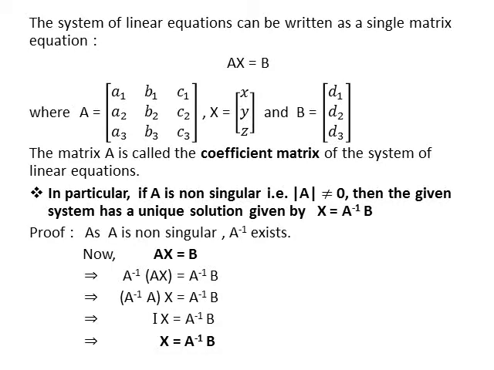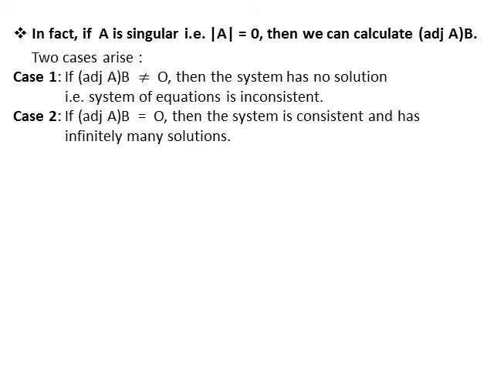While solving the questions of system of linear equations having unique solution, we write AX equals to B directly as X equals to A inverse B. Next, if A is singular matrix, it means determinant of A equals to 0, then we can calculate product of adjoint A and B. Two cases arise.